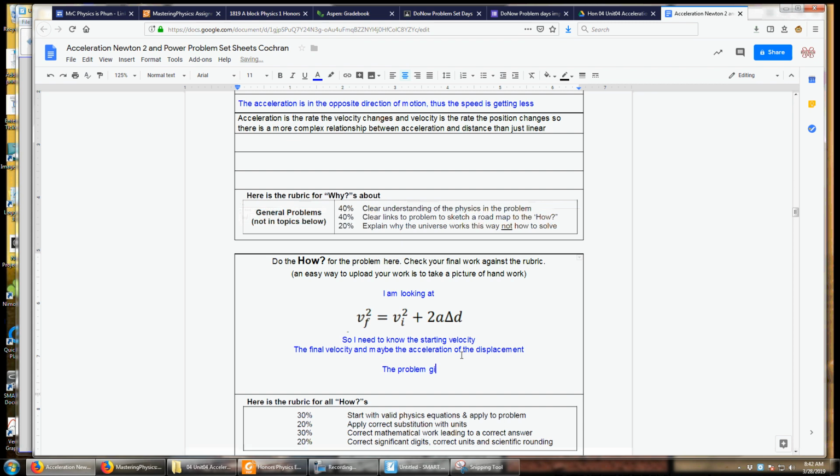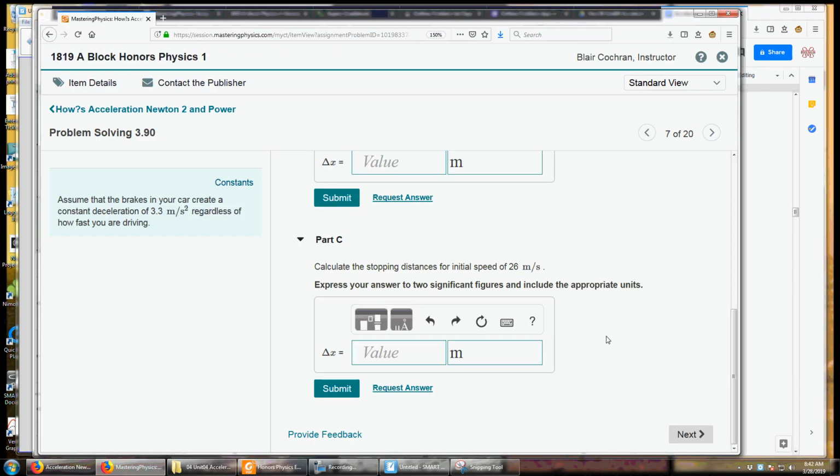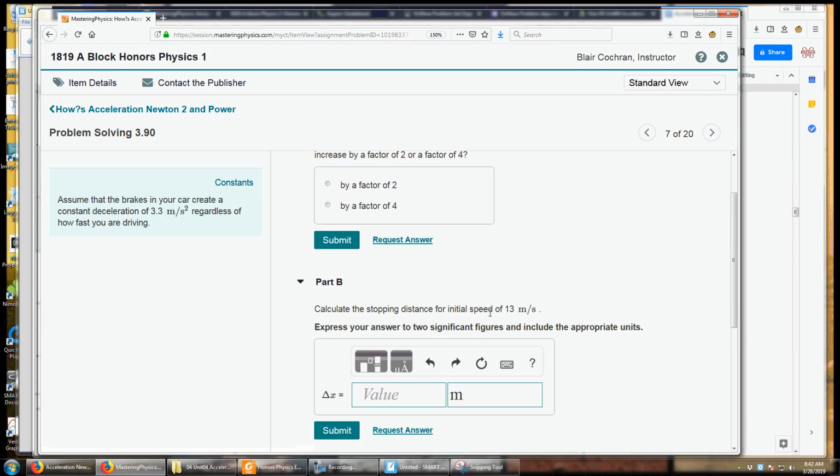The problem gives me the initial velocity, right? Let's see, where is it? Right there. Yep, they give me the initial speed, and so from the initial speed, to get the initial velocity, all I need to do is assign a direction. So what direction do we want to say the car is moving in? Positive, okay. That would mean our acceleration has to be opposite positive, it's got to be negative.